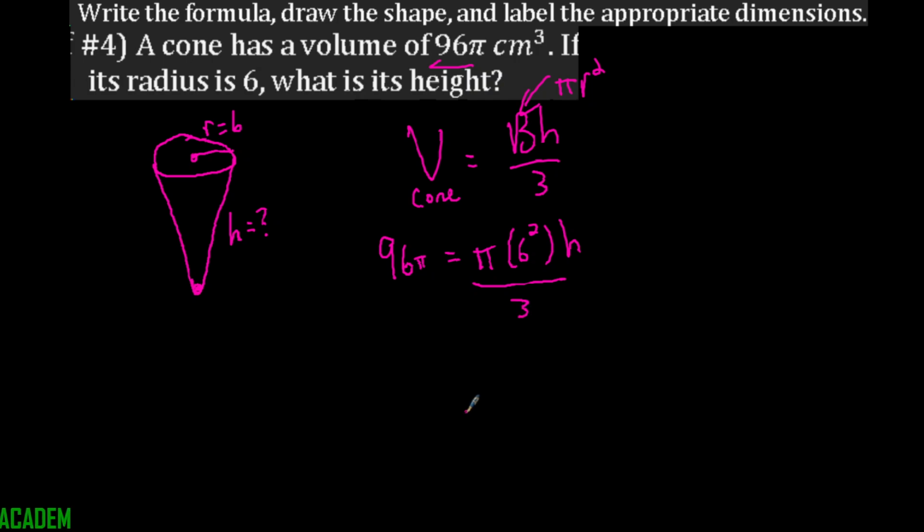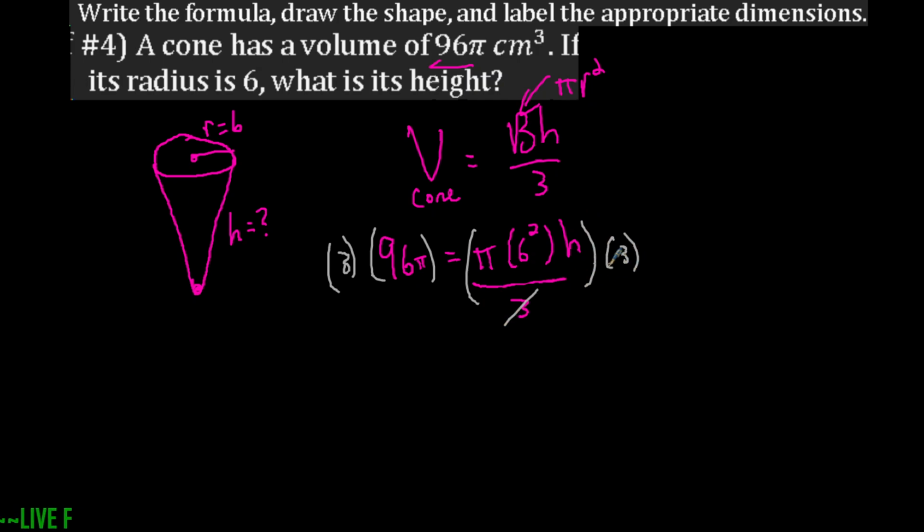So let's simplify some things here. I can use some inverse operations. I'm going to multiply both sides by 3 to get rid of that denominator.